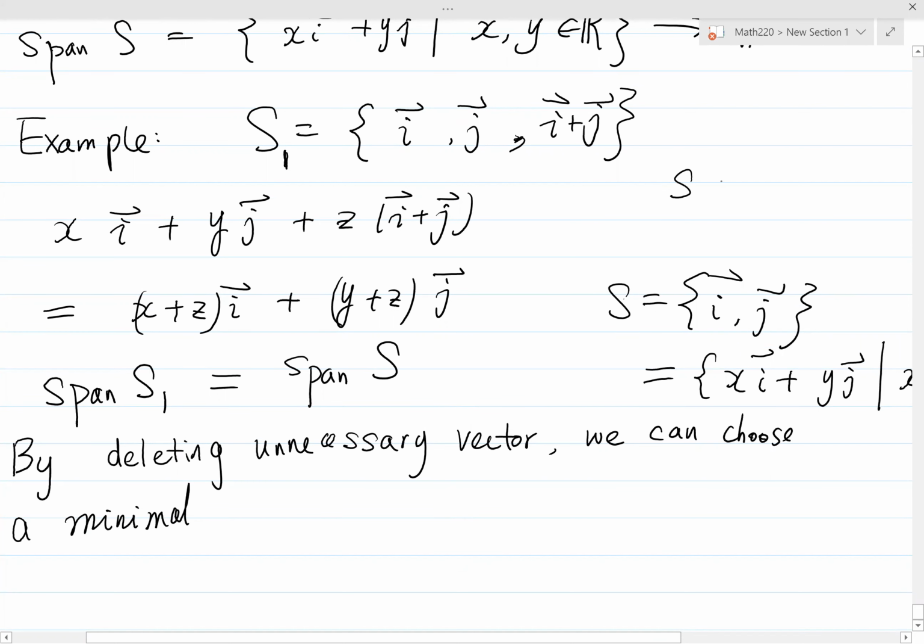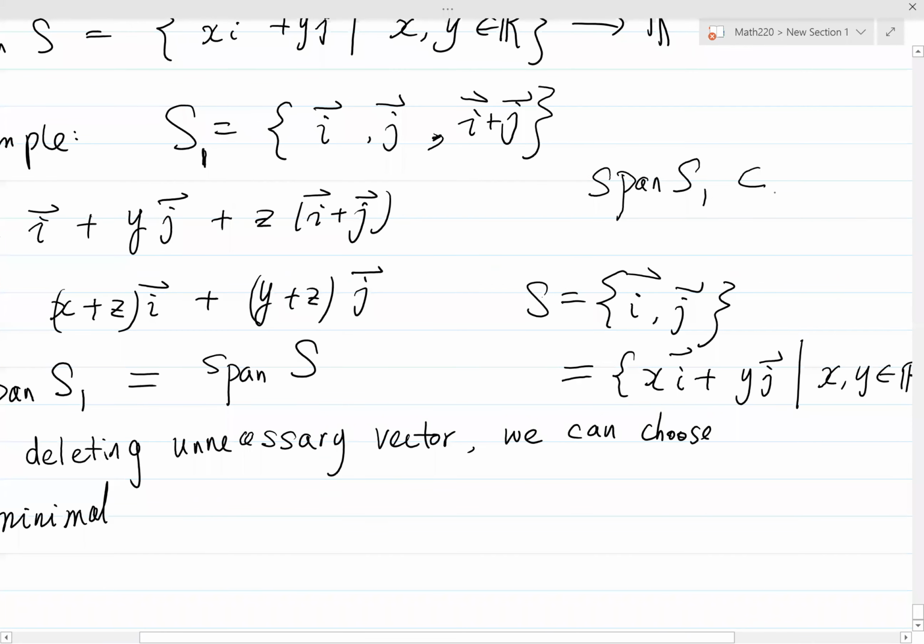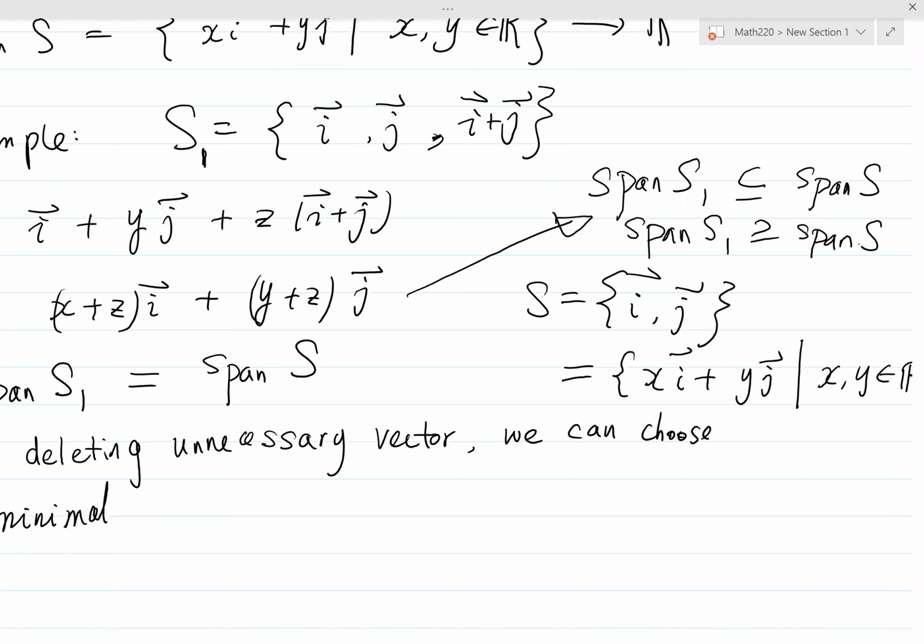So S1 has something more, an extra vector. We know span S1 is contained in span S. But span S1 should also contain span S, because anything spanned by the vectors in S should definitely be contained in span S1.